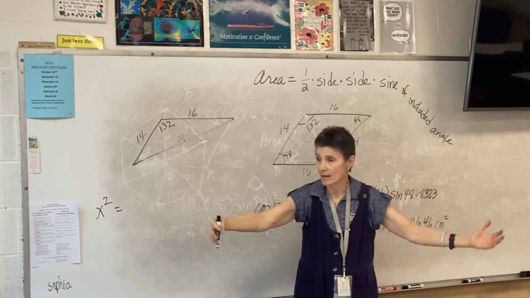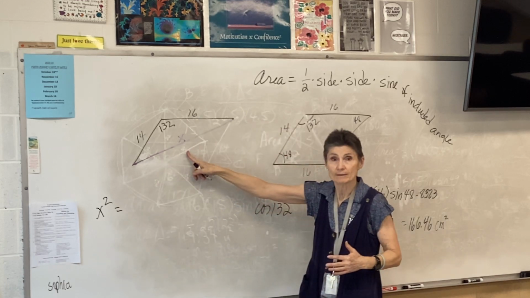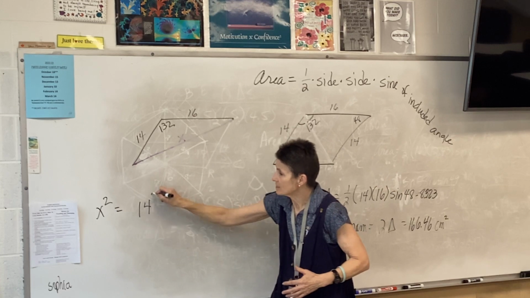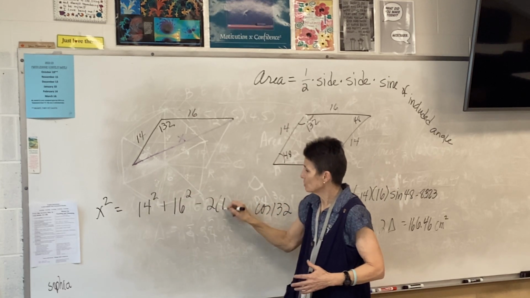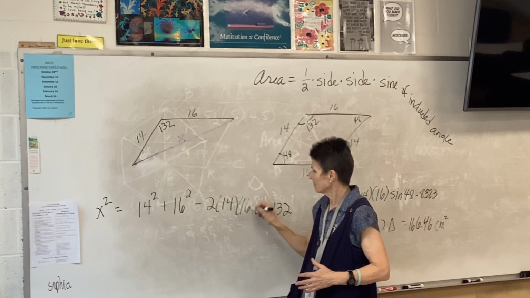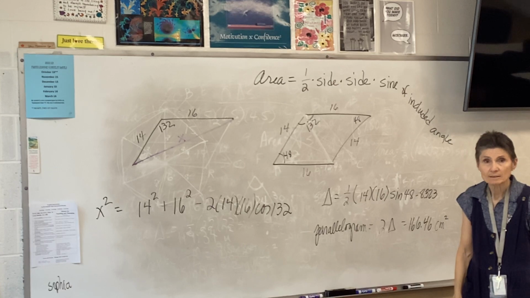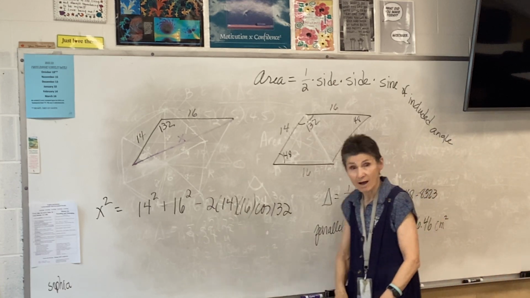And then on the other end, all by itself with the equals, is the side squared. And then in the middle, we have side squared plus side squared minus 2 side. There it is. That's your law of cosines, and that's what we use when we're finding a side of a triangle.